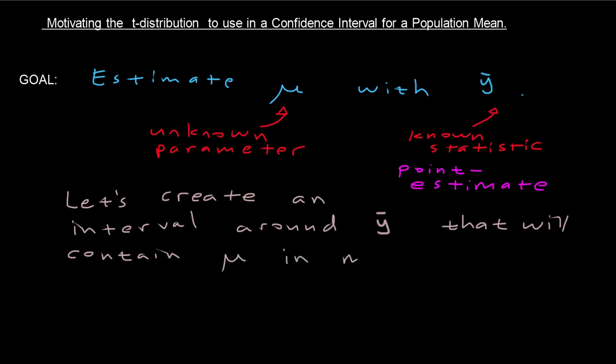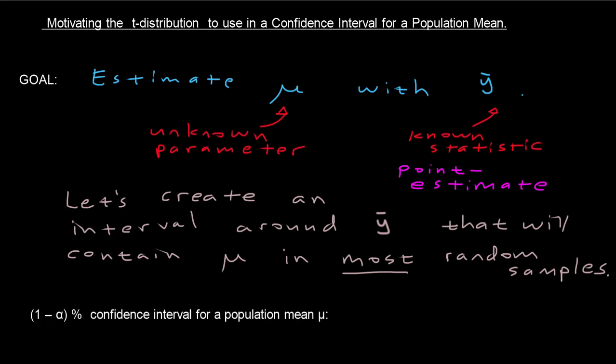I'm going to actually say in most samples. So we want to figure out, how do we create an interval that is carefully constructed so that we can capture the population mean within that interval.